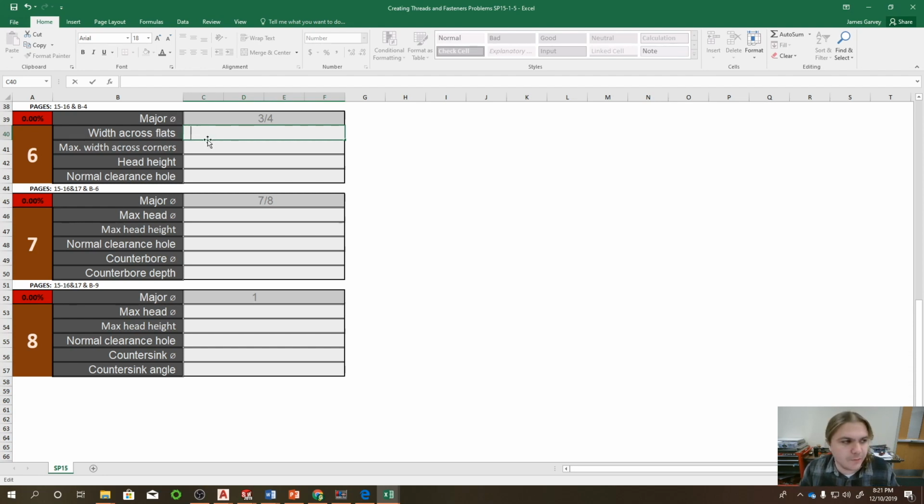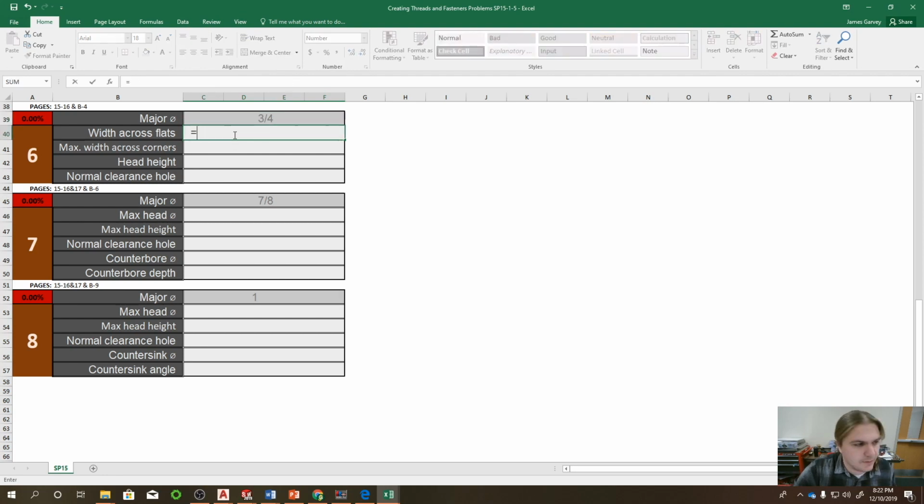So for the equation for width across flats, I look at the chart on B4, and there's a column for width across flats basic, and I have a size of 3/4. So I find the range with 3/4, and the equation for that is just going to be 1.5 times D, which is the diameter of the bolt.